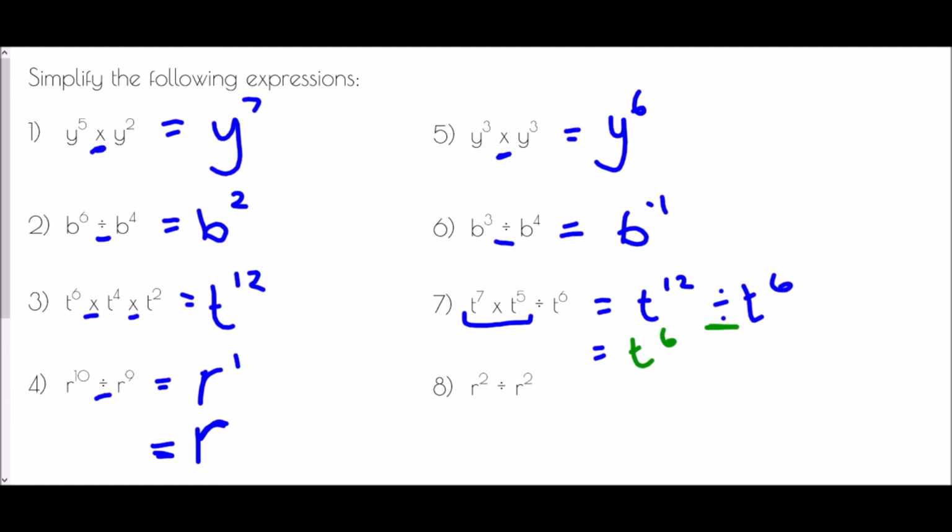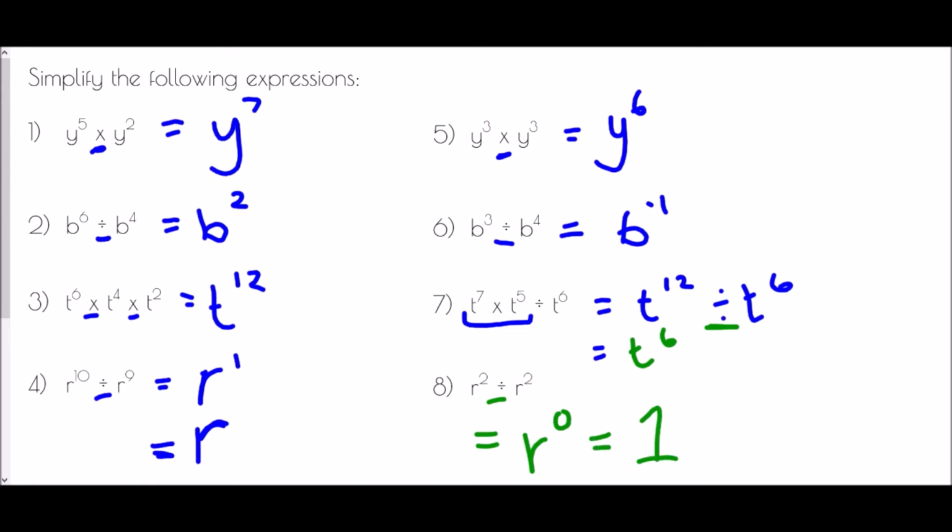And finally, in 8, we have r squared divided by r squared. So it's a division, so we're going to subtract the powers. And so if I do that, I'm still going to have a base of r, but 2 take away 2 is 0. Now again, a power of 0 seems to be a little bit odd, but it does happen, and it actually gives us an answer of 1.